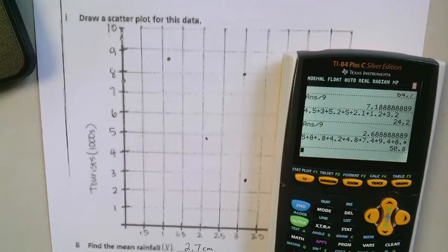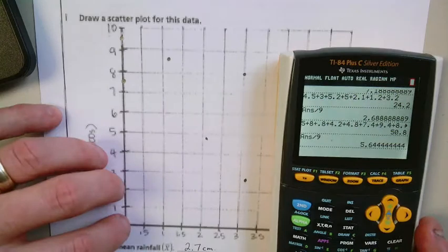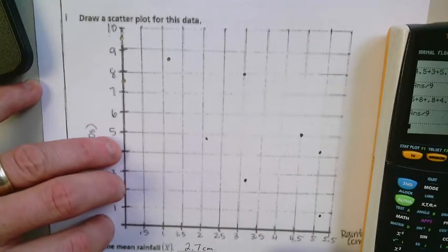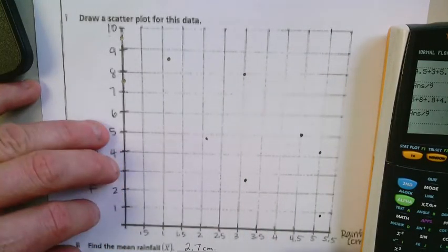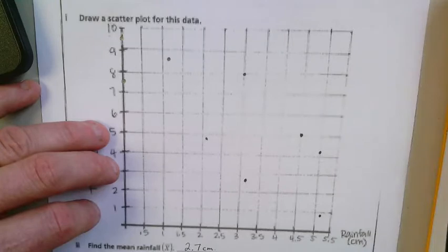So over the 9-week span, there were 50,800 tourists that came through this beauty area. So if I divide that by 9 weeks, we're looking at about 5.644, which would mean 5,644 tourists per week.